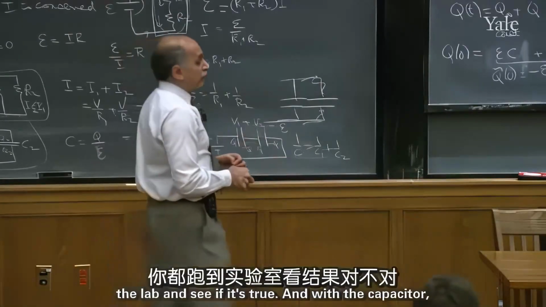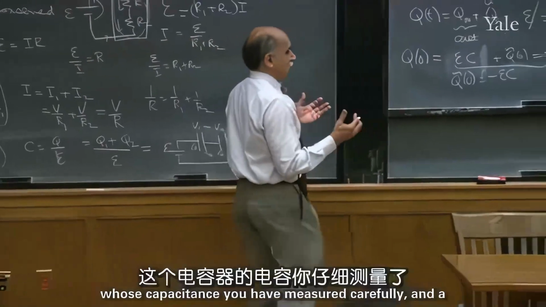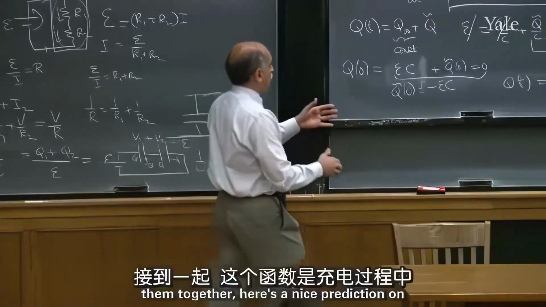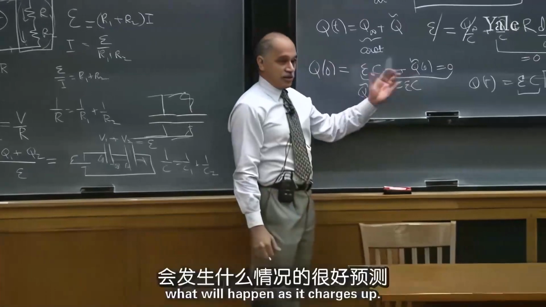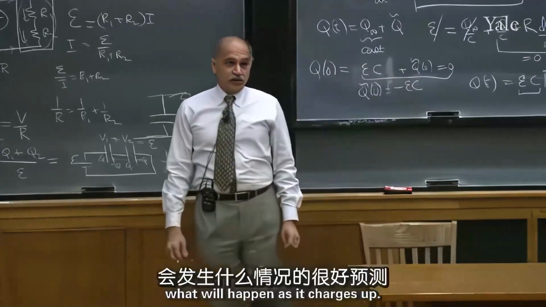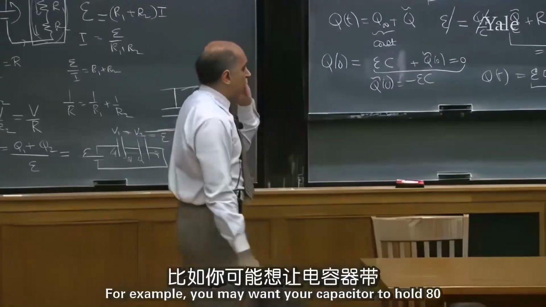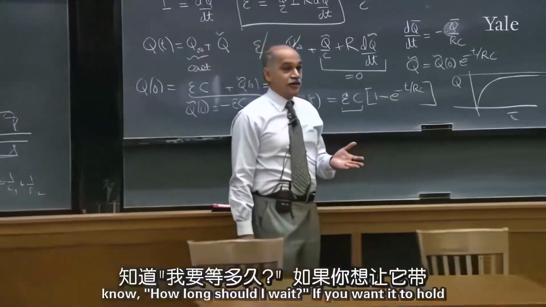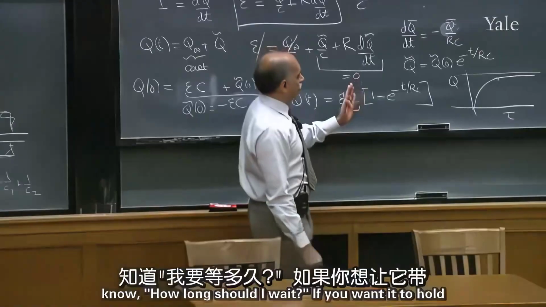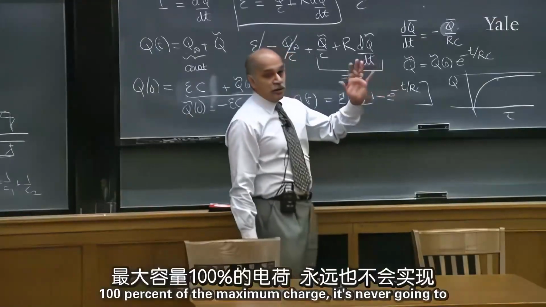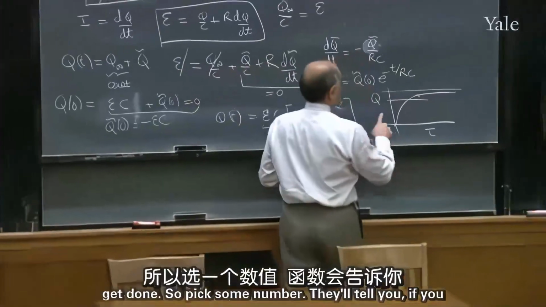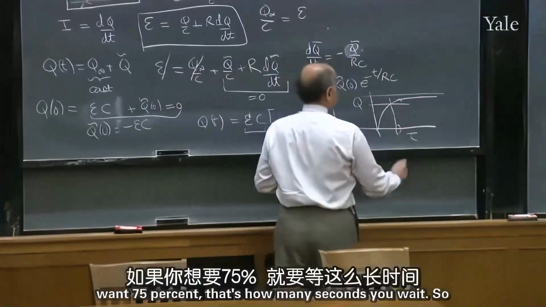With a capacitor whose capacitance you had measured carefully, and a resistor which you had measured carefully, you put them together, and here's a nice prediction of what will happen as it charges up. For example, you may want your capacitor to hold 80% of its maximum charge, and you may like to know how long you should wait. If you want it to hold 100% of the maximum charge, it's never going to get done. So you pick some number, say 75%, and it tells you how many seconds you wait.